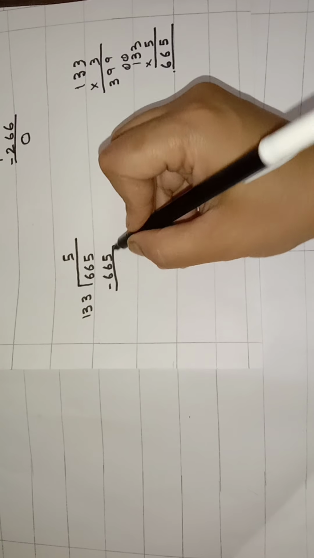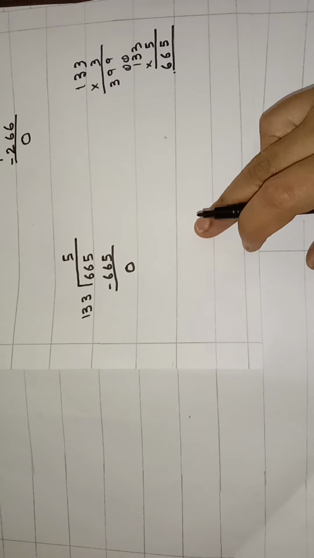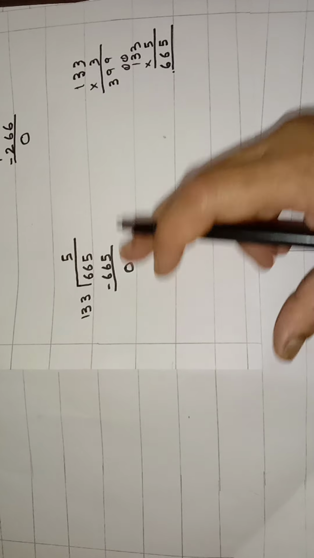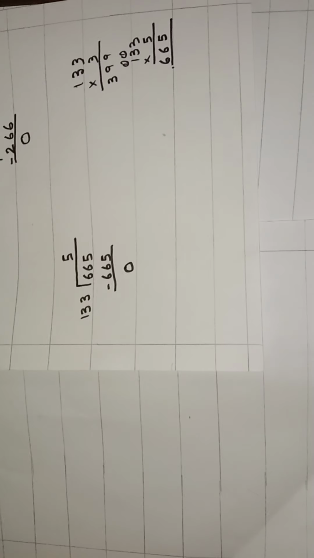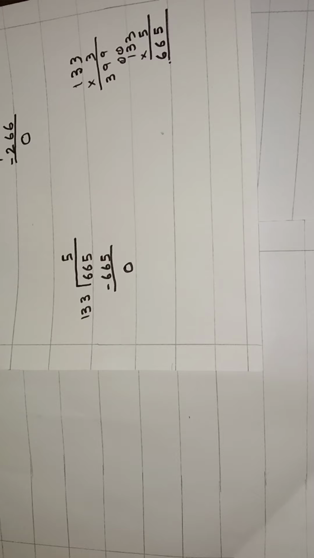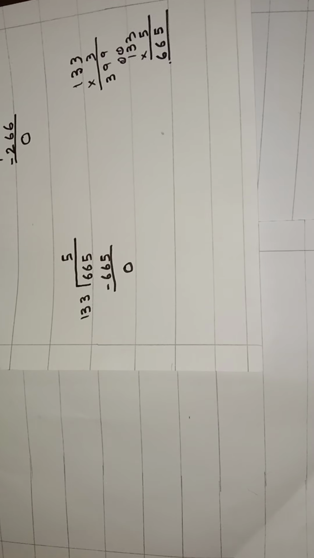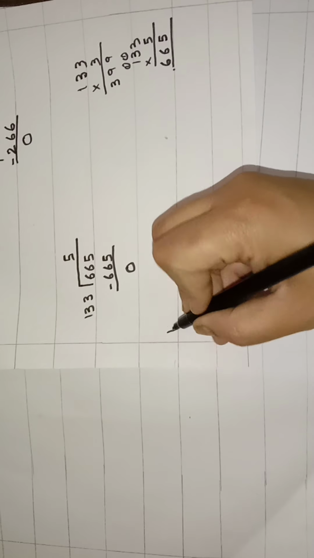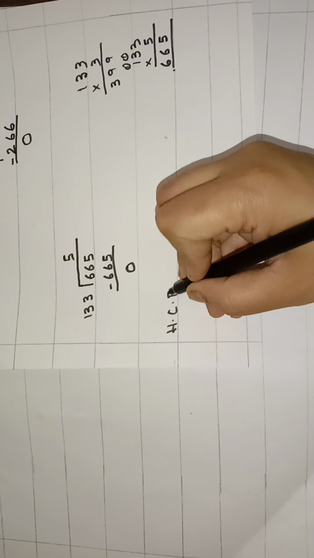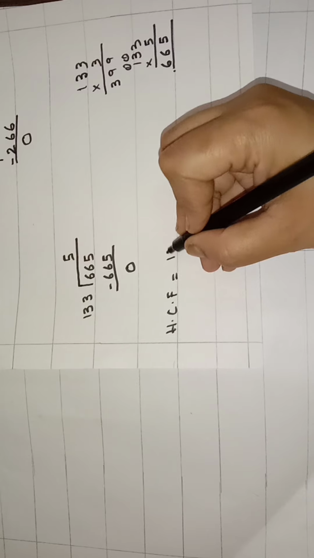It is completely divisible by 133. So it means that the HCF of 399, 665 and 1463 is 133.